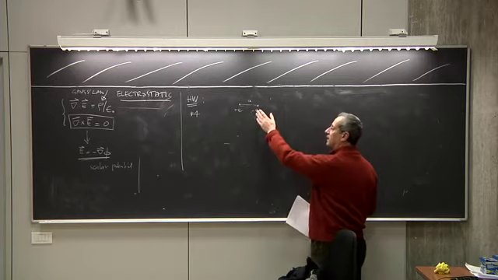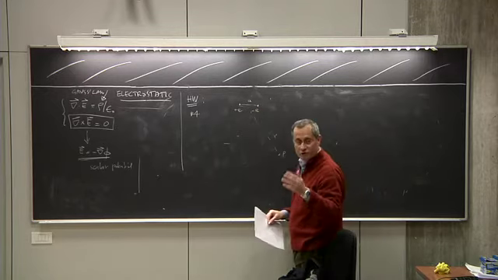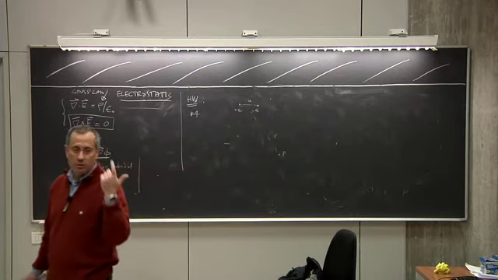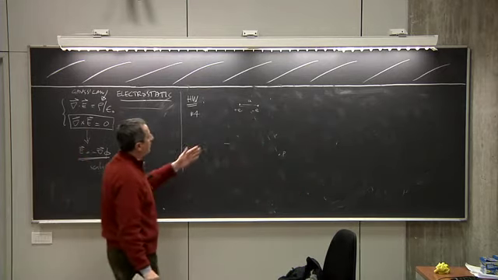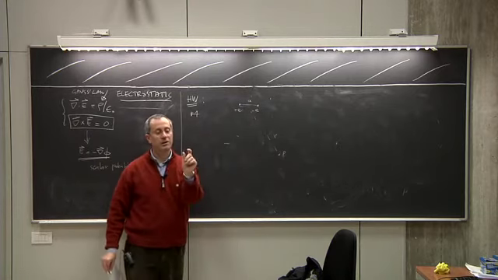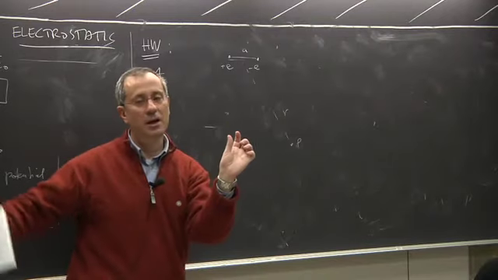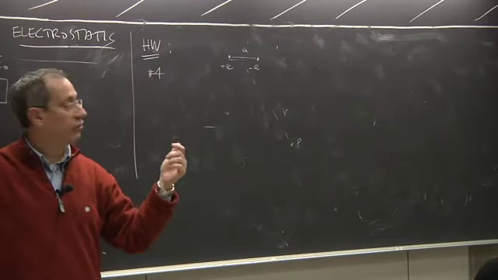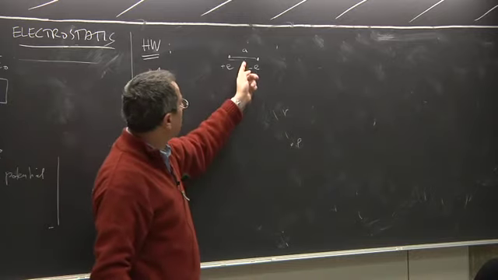You want to write the field for this charge distribution. I know it's just a superposition of 2 Coulomb forces, as I said 5 minutes ago, but do it in a more interesting way, because very often these 2 charges are very close to each other and you are measuring the field very far away, okay? So assume that this R is much larger than A.